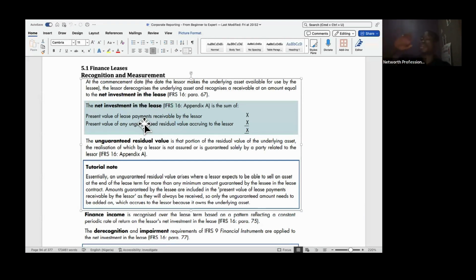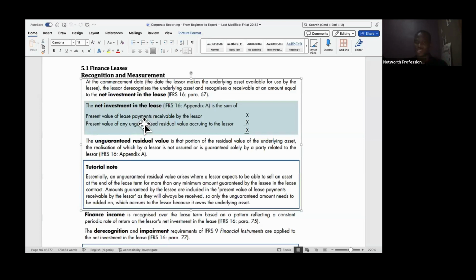Or even if nobody wants to buy it, I will give you the entire 100 naira. That's a guaranteed residual value. However, if the lessor becomes lucky and sells it above 100 naira, then the lessee is free, because the lessor has gotten the guaranteed amount and even more.